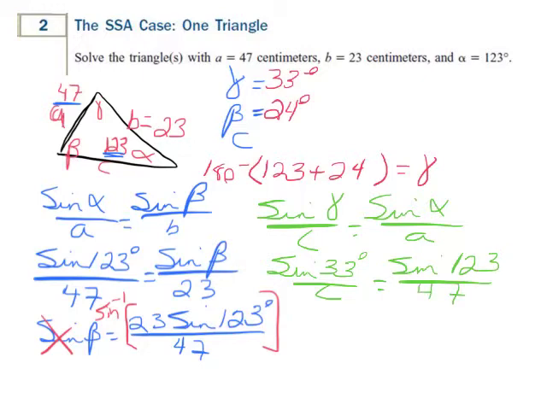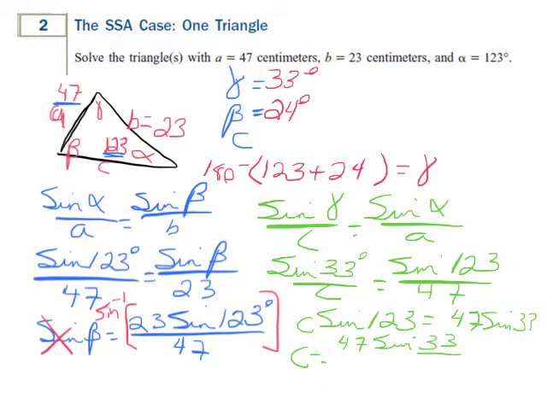So to solve for C, we would have C sine 123 equals 47 the sine of 33. So C is going to be equal to 47 sine of 33 all over the sine of 123. And so you get C is going to be equal to 31 centimeters.